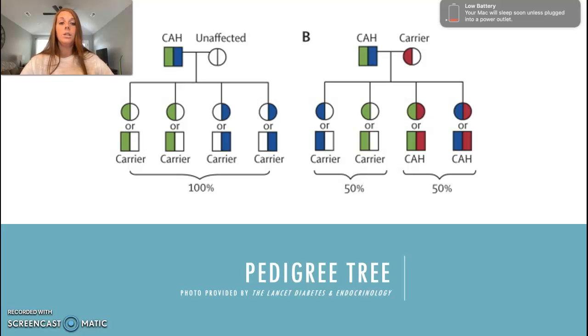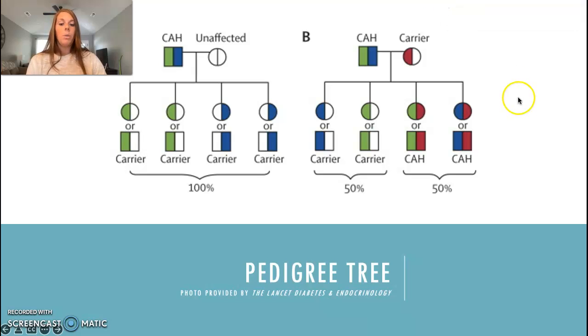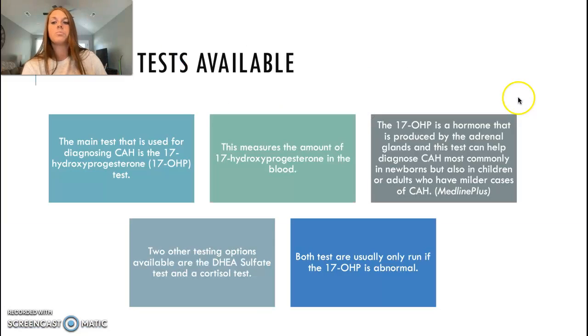So here in this pedigree tree, you can see that 50% of our offspring are going to be carriers and 50% of our offspring are going to be affected. So with that being said, this is just a small pedigree tree, nothing very invasive as far as that's concerned, but a small amount of information in that regard.